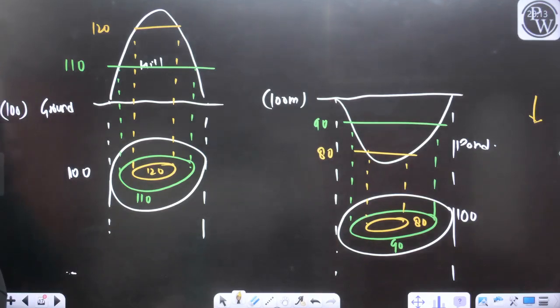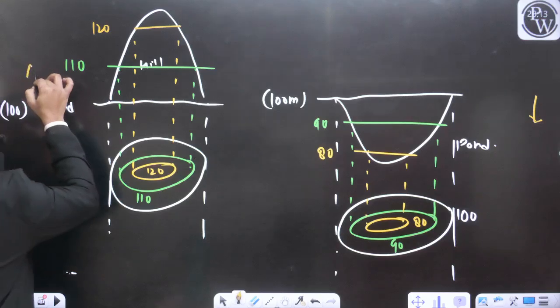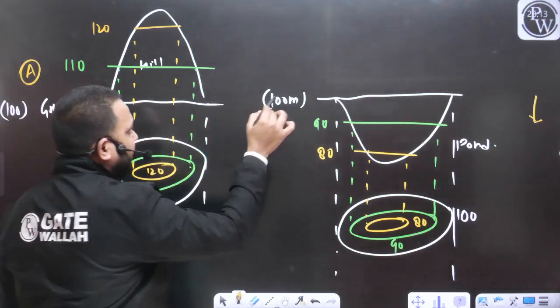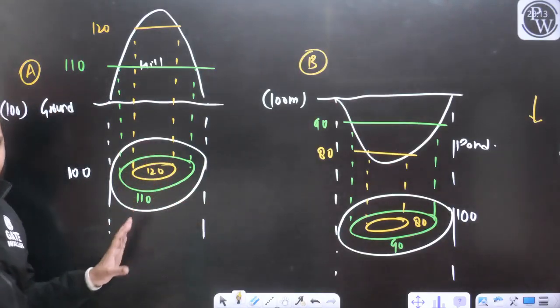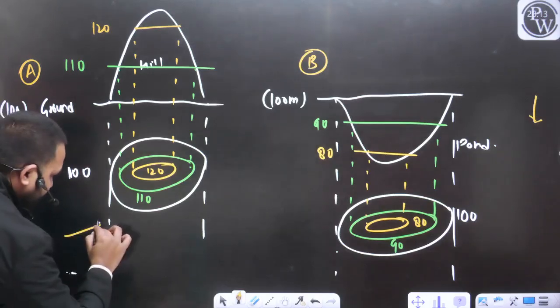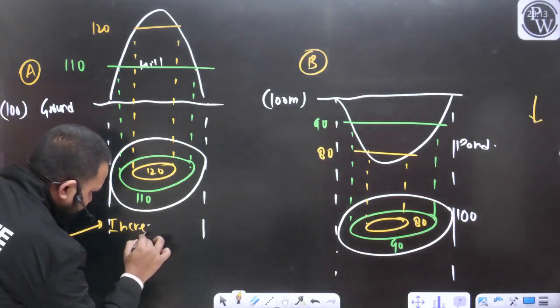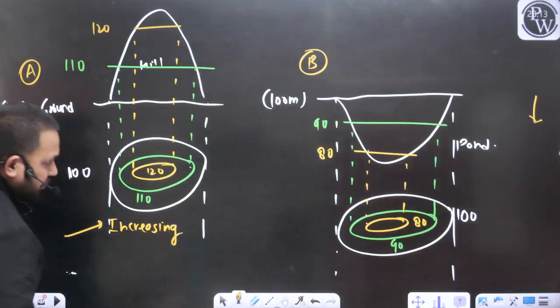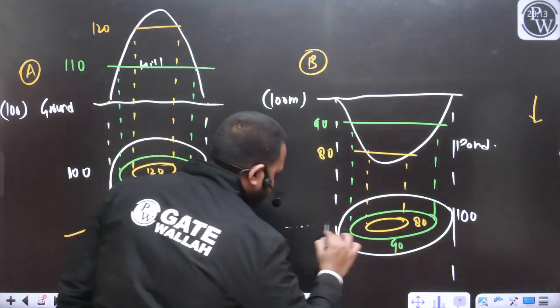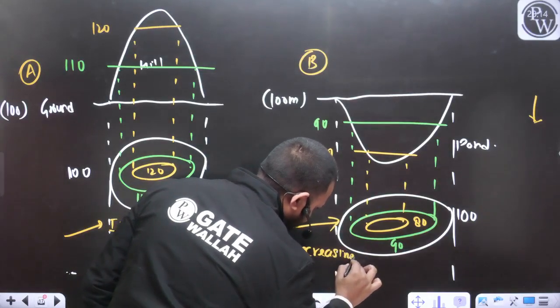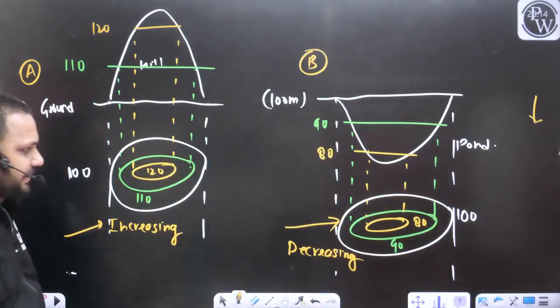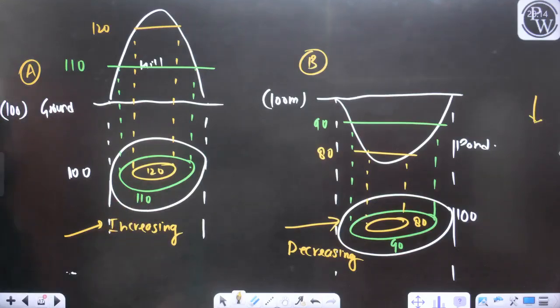Now you can observe in example A, in the case of a hill, we are getting closed contours, and when we move inward, the values are increasing. And in the case of a pond, when we move inward, the values are decreasing: 100, then 90, then 80. Here the values are 100, 110 and 120.